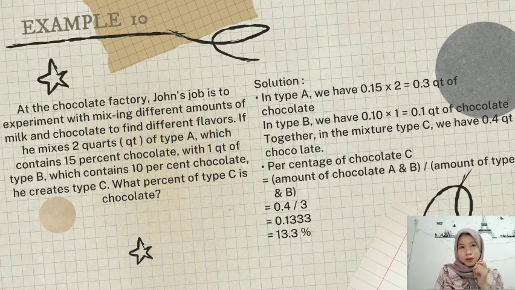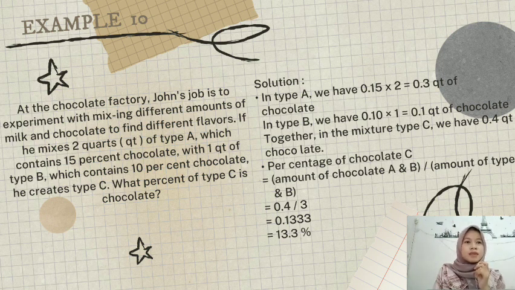Okay, the solution for this question is: in type A, we have 0.15 times 2 equals 0.3 cutie of chocolate. In type B, we have 0.1 times 1 equals 0.1 cutie of chocolate. Together in the mixture of type C, we have 0.4 cutie of chocolate.